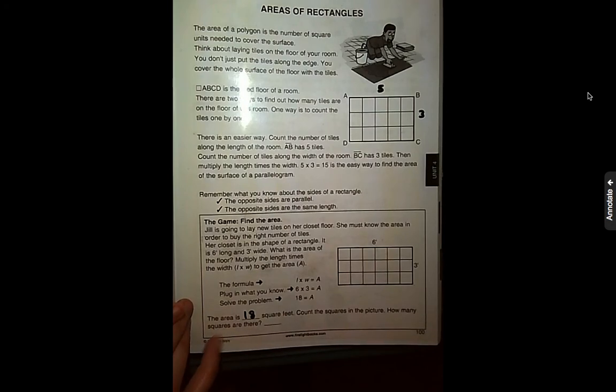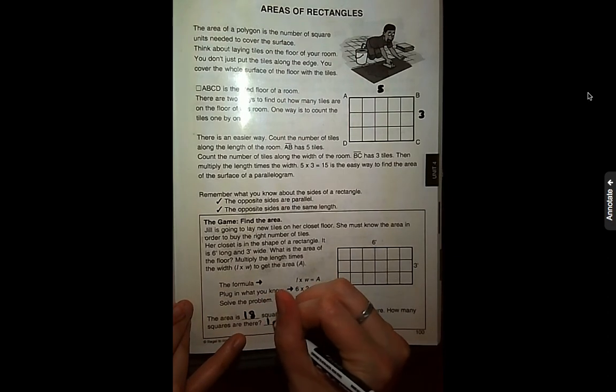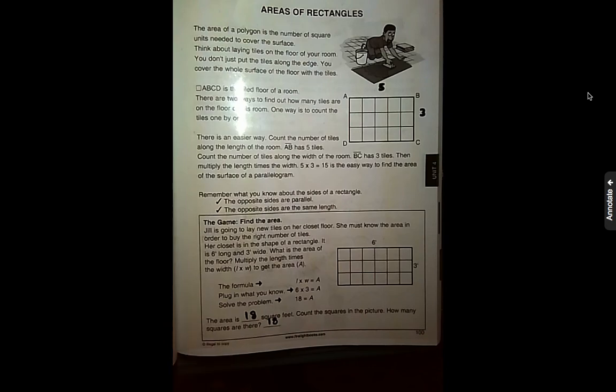Count the squares in the picture. How many squares are there? 1, 2, 3, 4, 5, 6, 7, 8, 9, 10, 11, 12, 13, 14, 15, 16, 17, 18. There's 18 squares in the picture. So that's how we would solve for area of a rectangle.